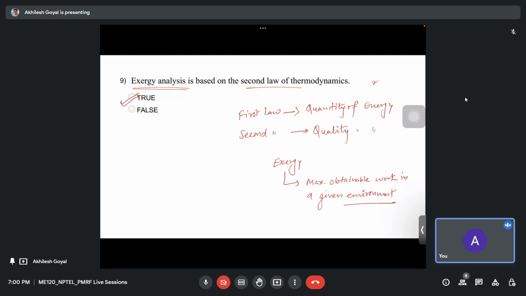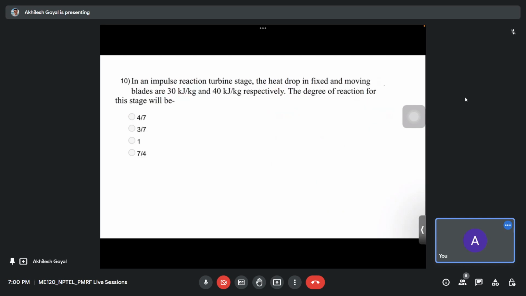The next and final question for this session is: in an impulse reaction turbine stage, the heat drops in fixed and moving blades are 30 kilojoule and 40 kilojoule respectively. The degree of reaction for this stage will be? Here we are talking about an impulse reaction turbine, so simply a reaction turbine.